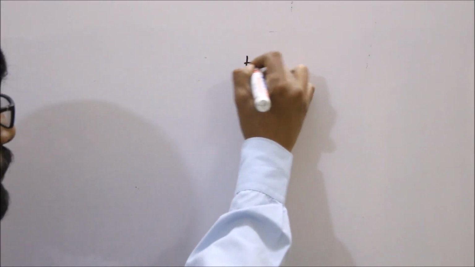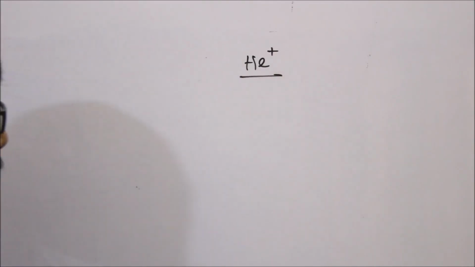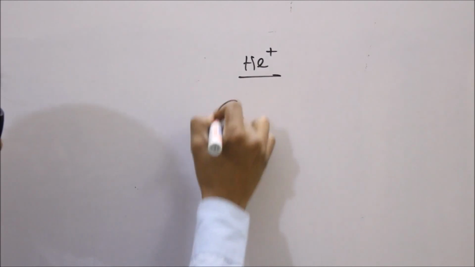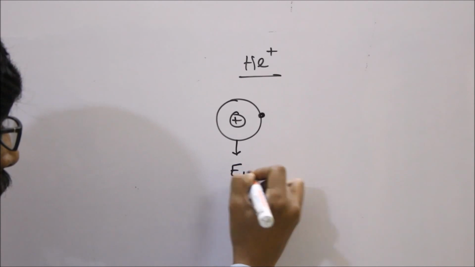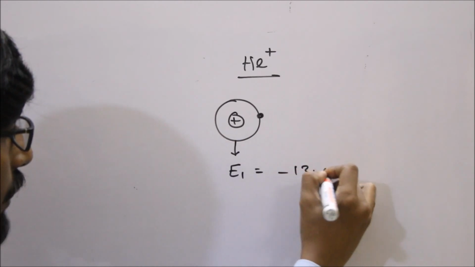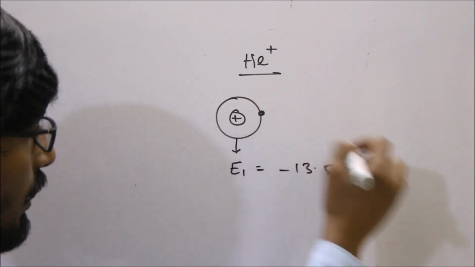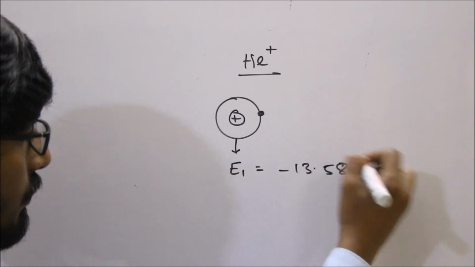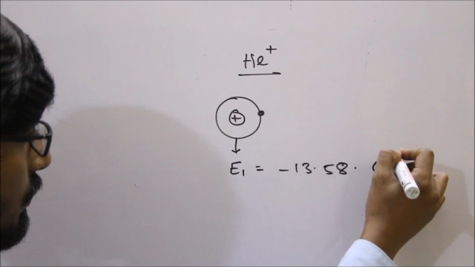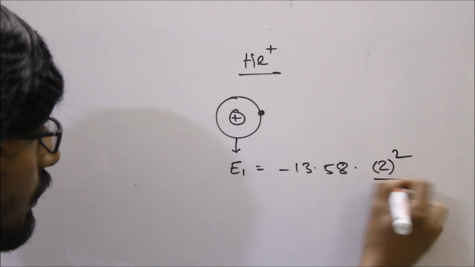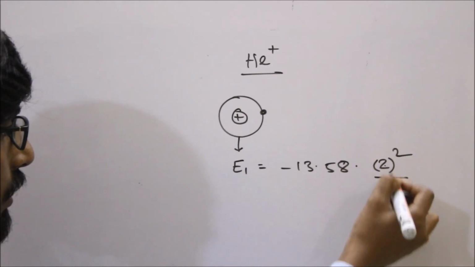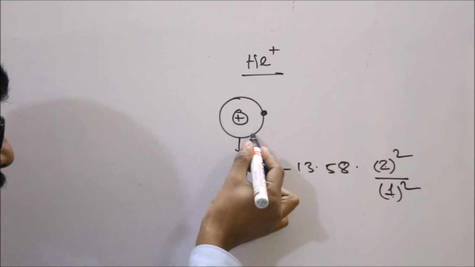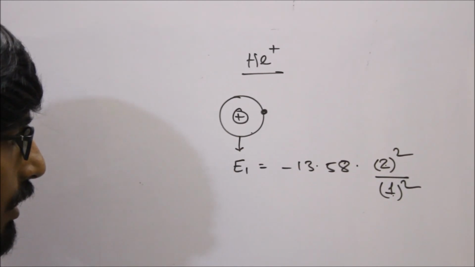Now for helium ion He+, the energy of the first shell will be minus 13.58 into 2 square by 1 square, 2 being the atomic number and 1 the principal quantum number of the valence shell.